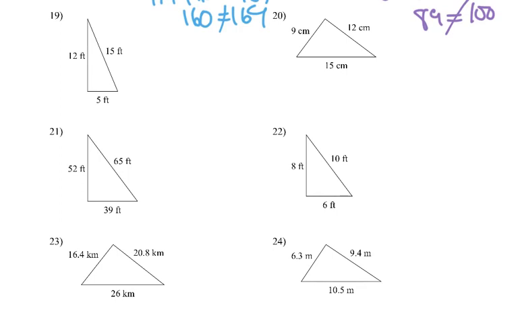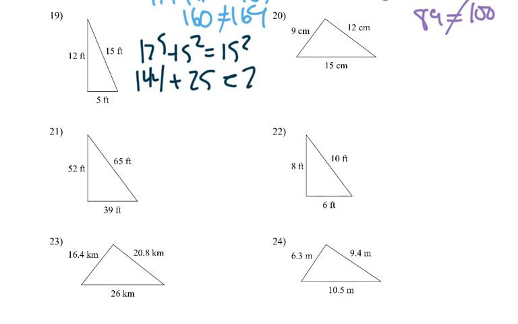So 19, does 12 squared plus 5 squared equal 15 squared? So 144 plus 25, does that equal 225? Nope, we get 169, does not equal 225. So nope. Apparently we were missing out a lot, aren't we?